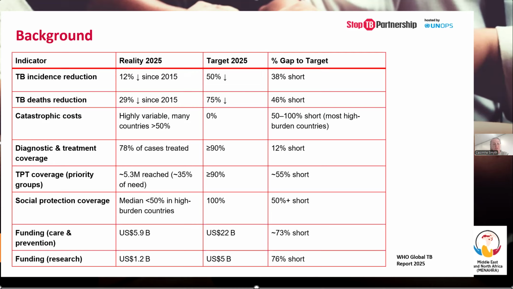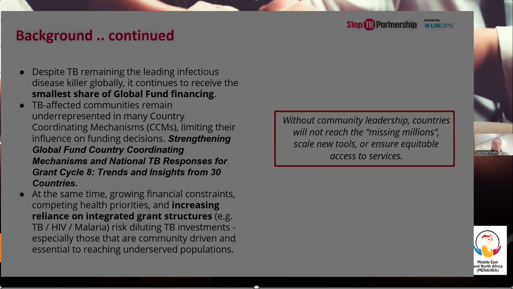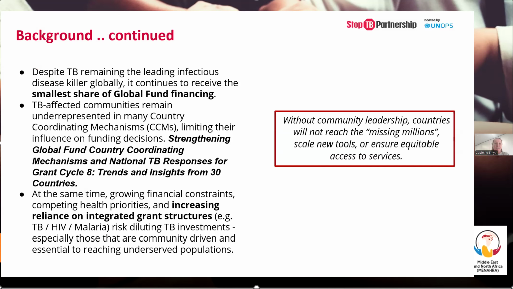For example, TB incidence has only fallen 12% since 2015 versus a 50% target. TB deaths are now down 29% versus a 75% target, and care and prevention funding is 73% below target.